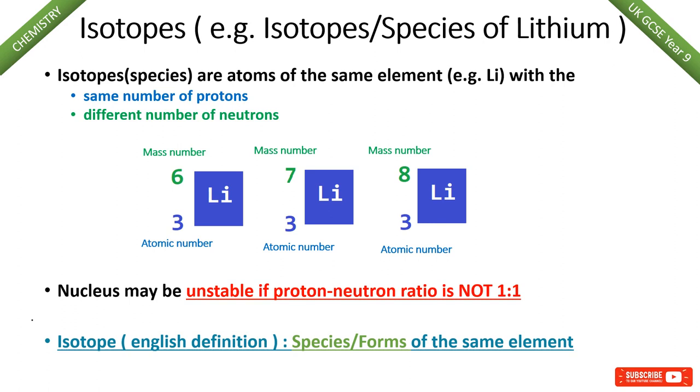It has a different number of neutrons, but in the bottom you can see that the protons are always 3. Now, the nucleus may be unstable if the proton-neutron ratio is not 1:1. So that means if the protons aren't equal to the neutrons, the whole nucleus may be unstable. So the atom won't live long.